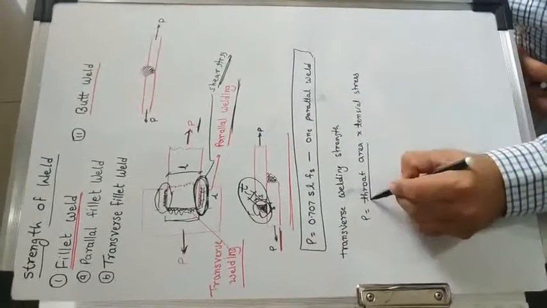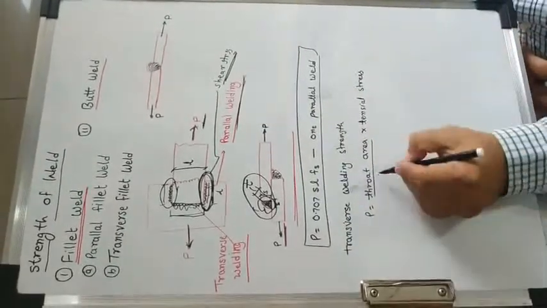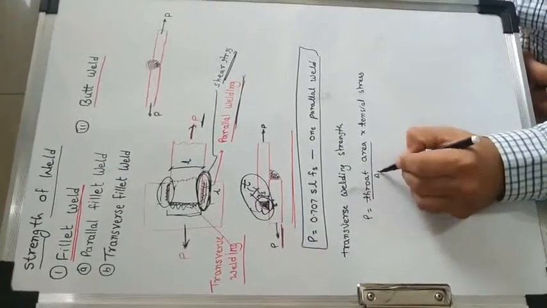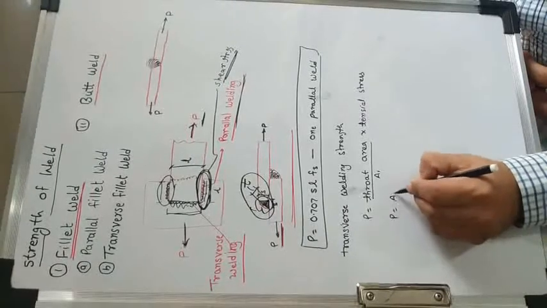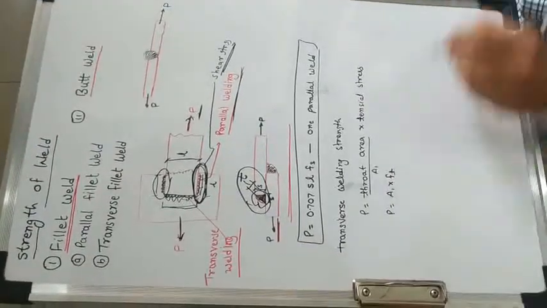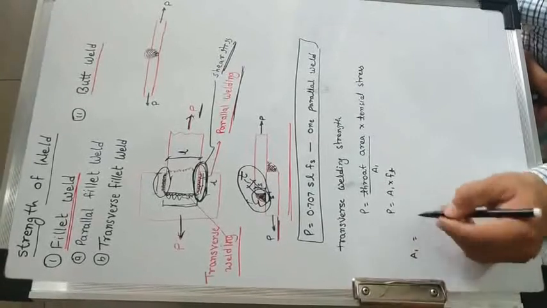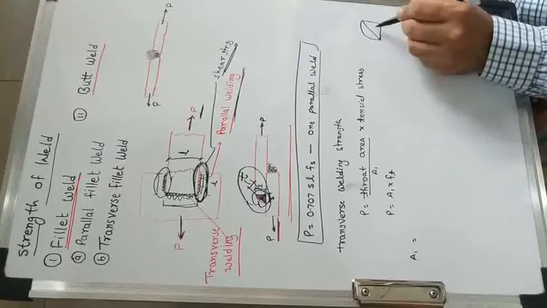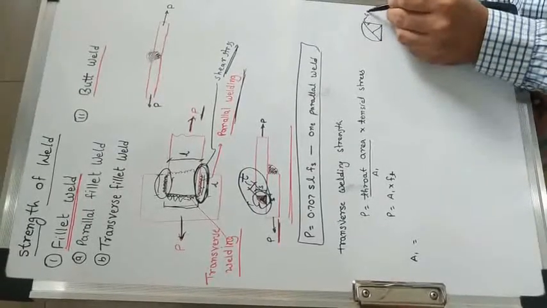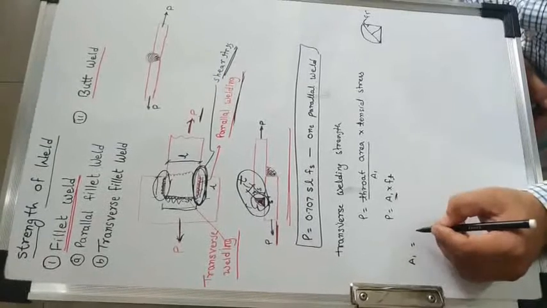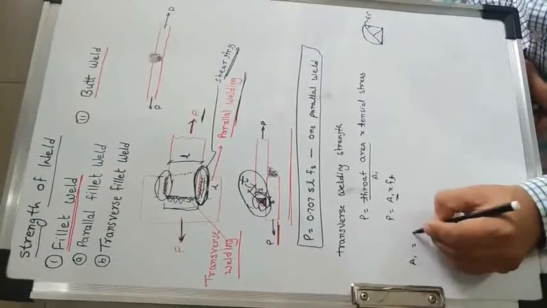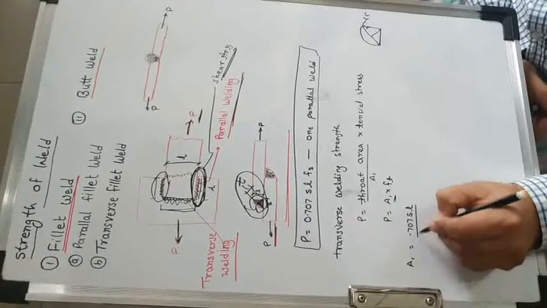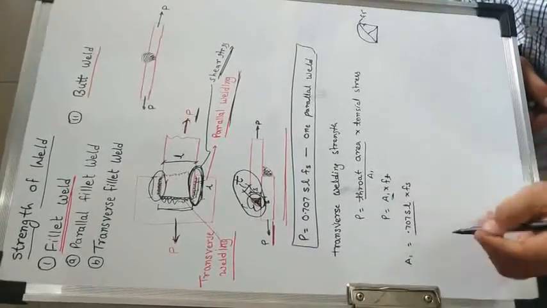So I will take A, or you can take A1 also. So P is equal to A1 into Ft. So what is A1? We have seen that this phenomenon will be the same here, 45 degree. So A1 is equal to 0.707 SL, as we have seen earlier, into Ft.